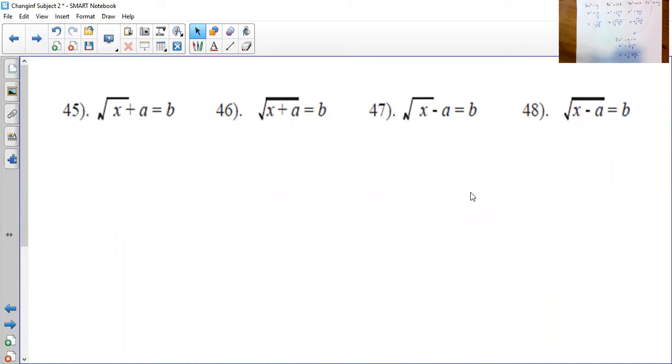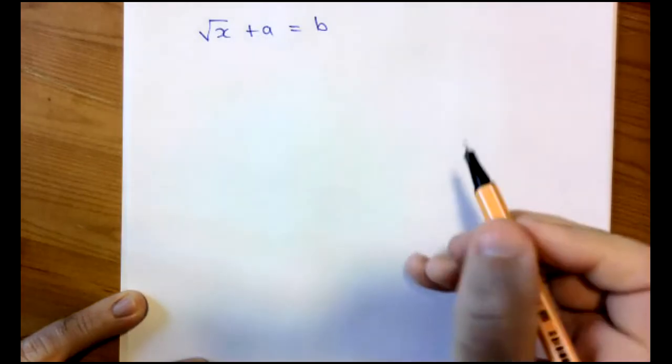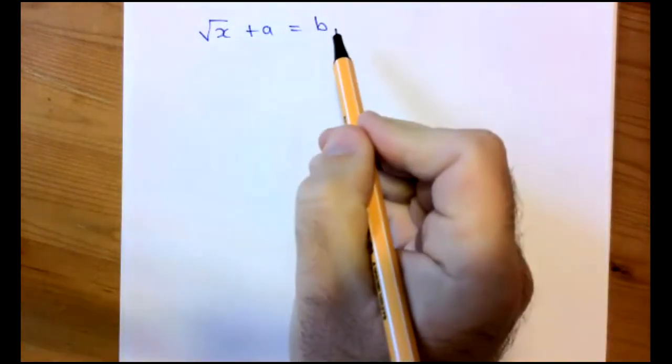Okay, so these questions now have square roots involved. So let's do the first one as an example, and then you can try the next 3 on your own. So the square root of x plus a equals b.